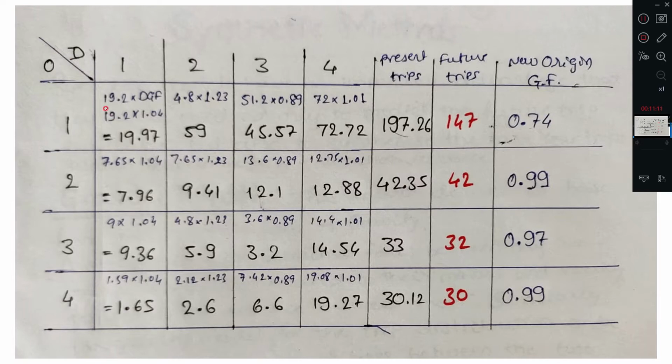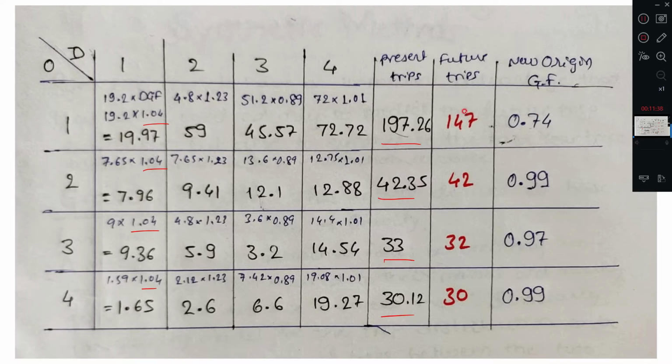So here I have written 19.2 into destination growth factor as 1.04. 1.04 I have multiplied for the entire column, right? And get the whatever in black ink is written, those are the actual values of trip distribution among the various zones. Again, we calculate the present trips, right, for each zone.